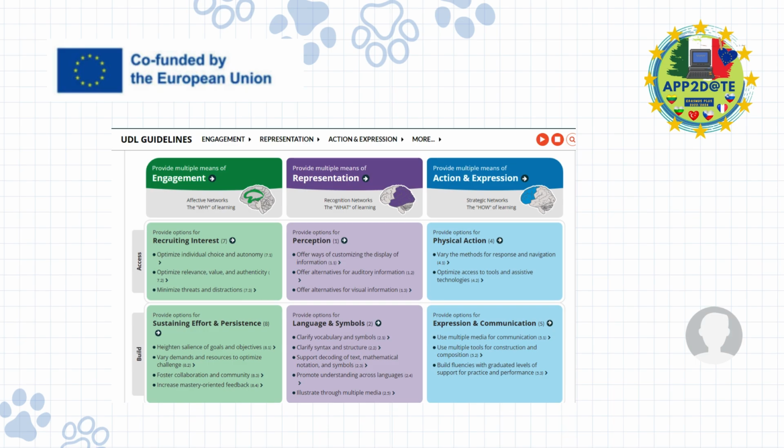So provide options for physical action, vary the method for response and navigation, optimize access to tools and assistive technologies, expression and communication, use multiple media for communication, use multiple tools for construction and composition, build fluencies with graduated level of support for practice and performance.